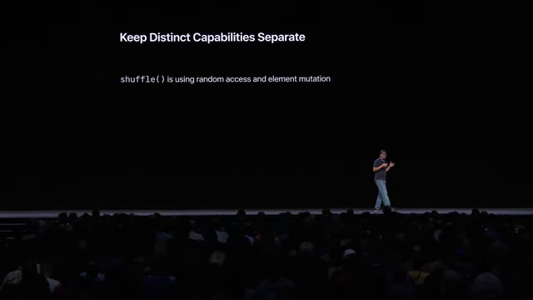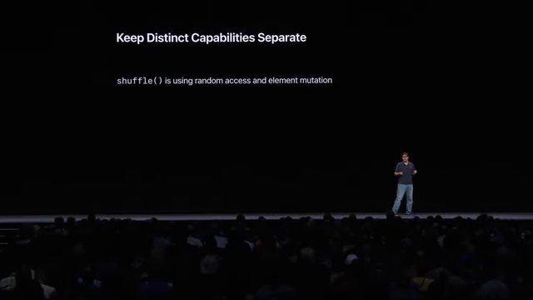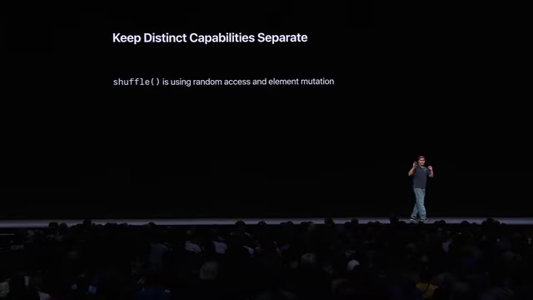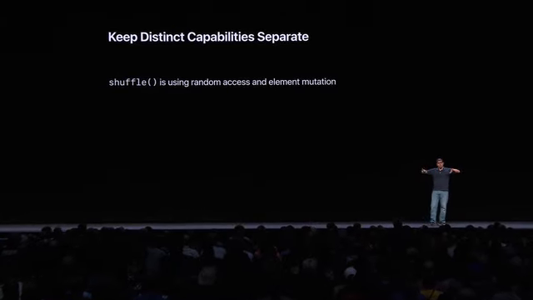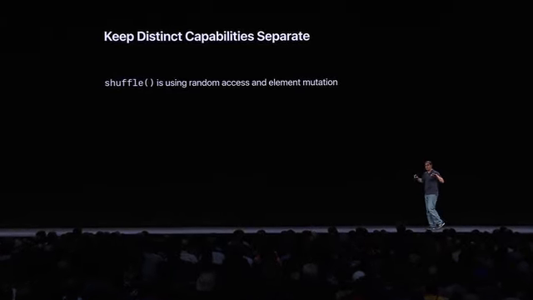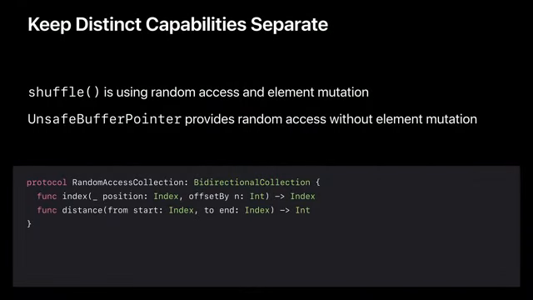So what you should do is notice that we actually have distinct capabilities here. Shuffle is using random access, and it's using mutation. But these are separate, and we can categorize them in separate protocols. For example, the random access collection protocol allows us to jump around the collection, moving indices quickly. And there are types like unsafe buffer pointer that can give you random access but do not allow any mutation.